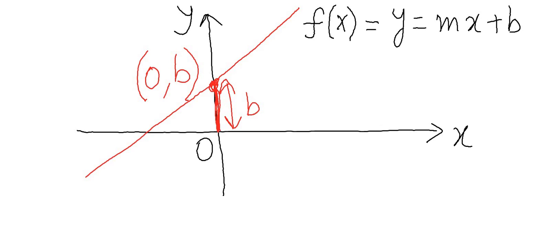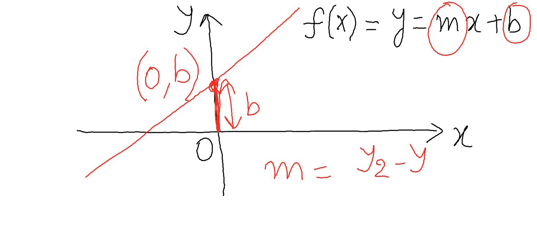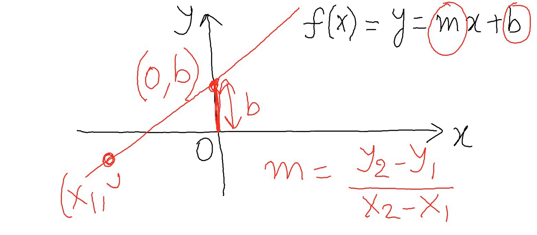Alright, so that's b. The slope m is given by y2 minus y1 divided by x2 minus x1, where say you have any 2 points, x1, y1, and a second point x2, y2.